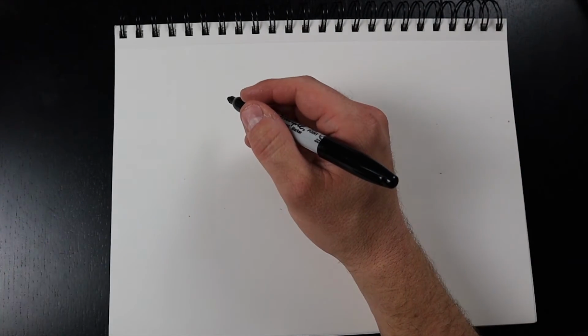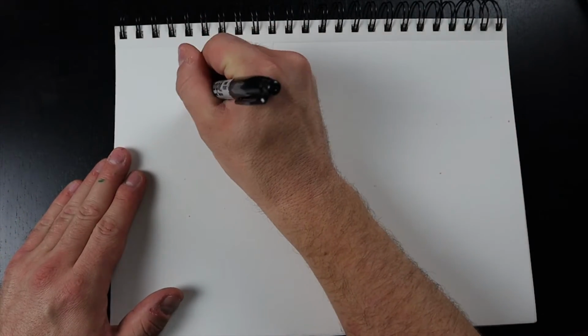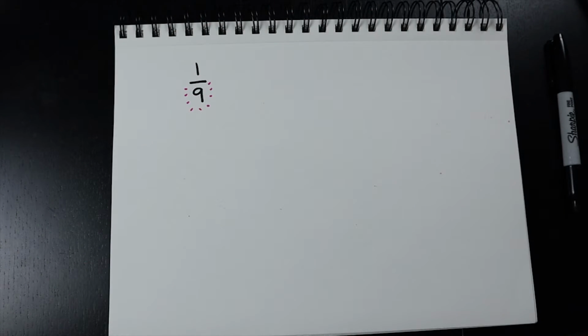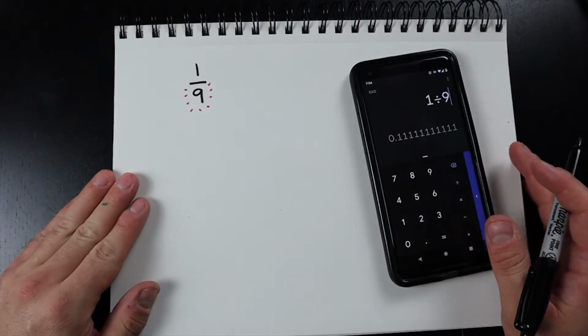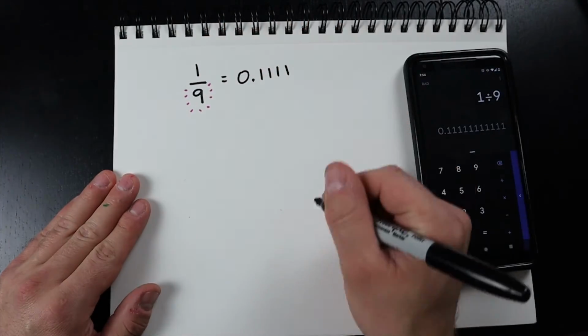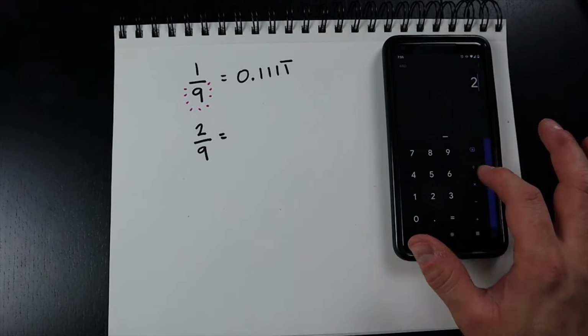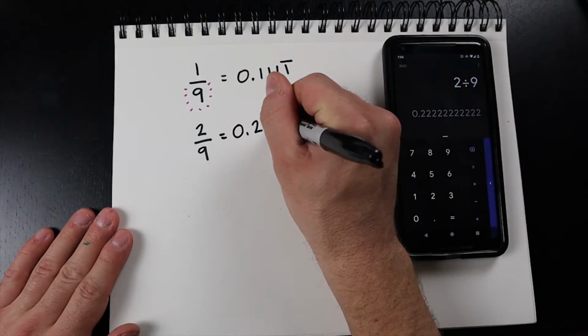Now, I mentioned before that a repeating decimal can be converted to a fraction. However, this is tricky because the number repeats infinitely. To solve this problem, we are going to use the magical denominator of 9. Starting off, 1/9 creates a decimal where the number 1 repeats. 2/9 creates a decimal where the number 2 repeats.